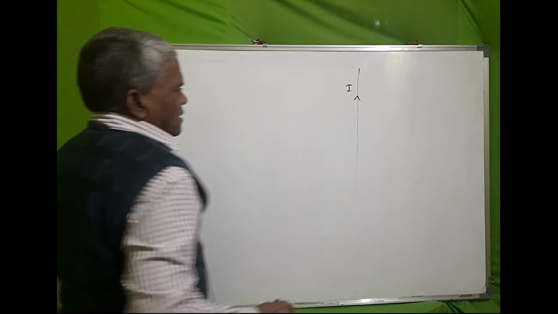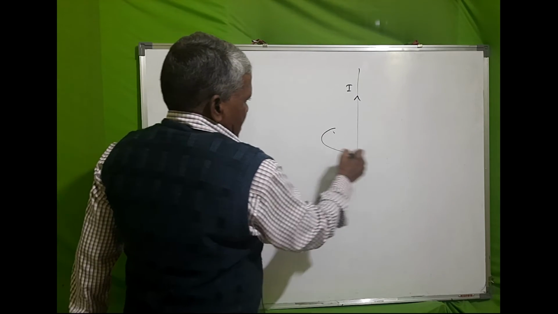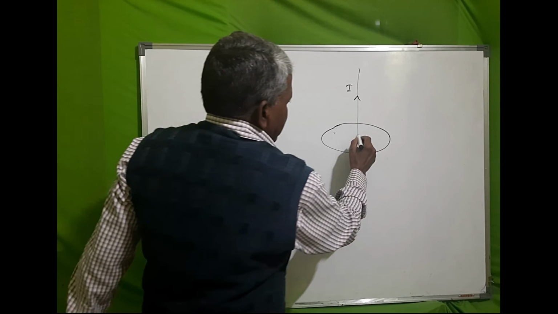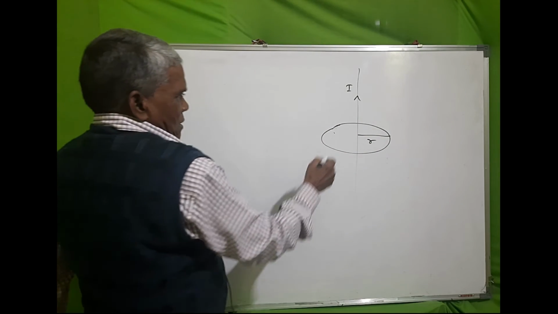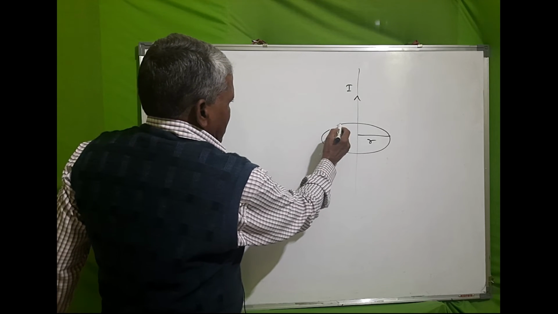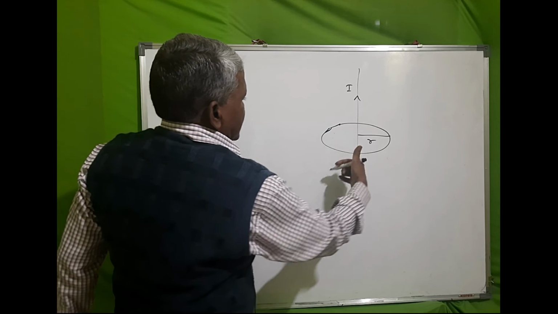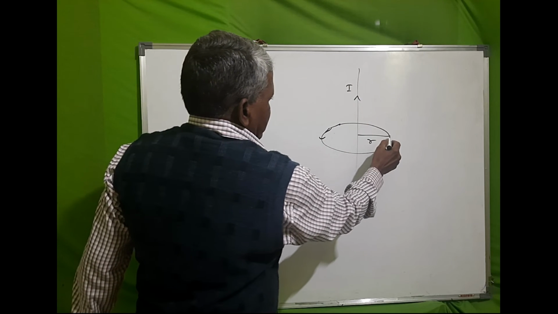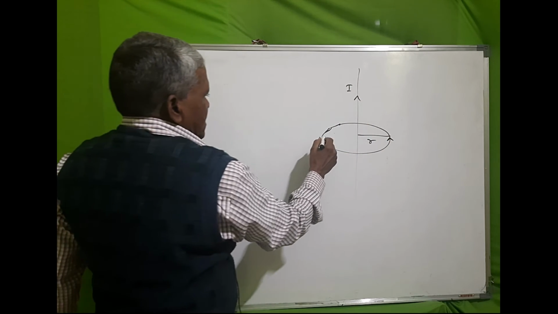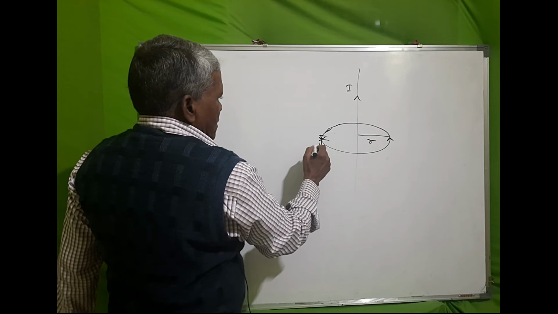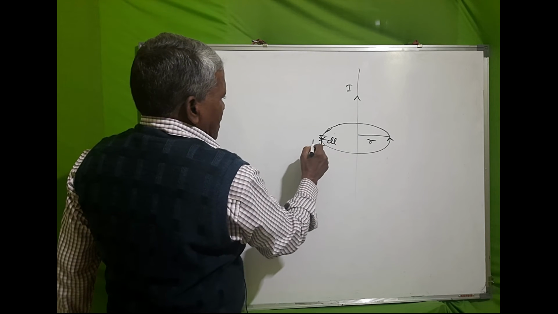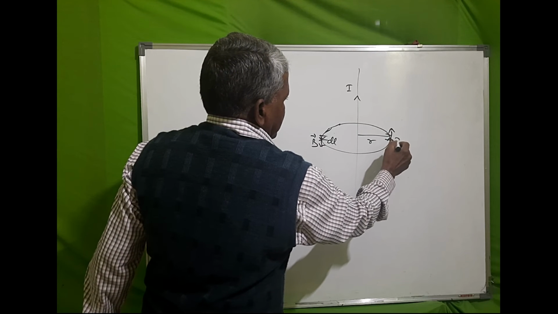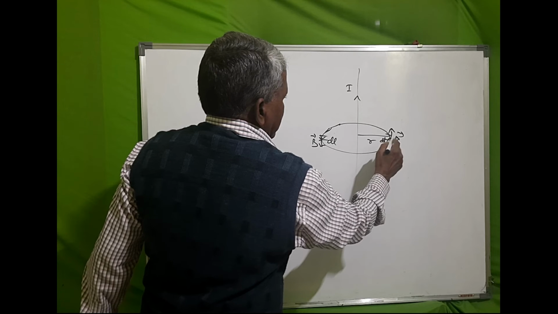Suppose this is a straight conductor. Imagine a closed circle at distance r. Then at any point, since the current is upward, the lines of force are supposed to be like this. So for any element, if this is a dl, this is the magnetic component which is tangential to the length.